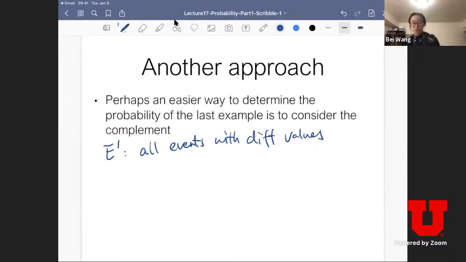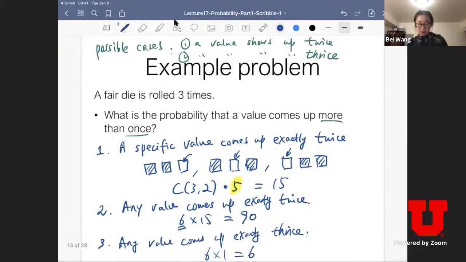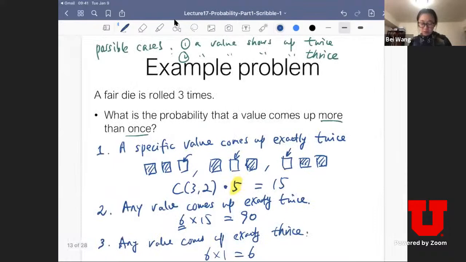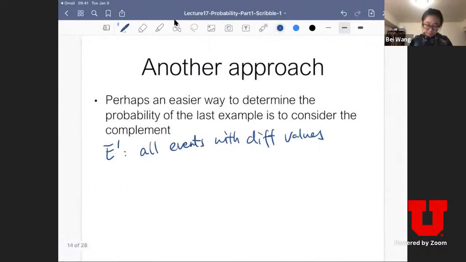The previous one, a value comes up more than once. The opposite, or the complement, is that no values show up more than once.